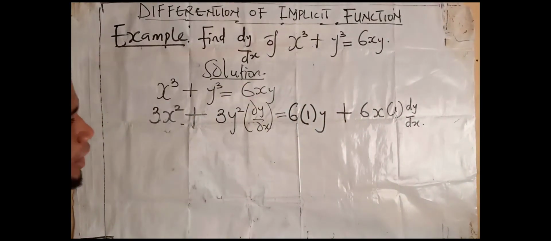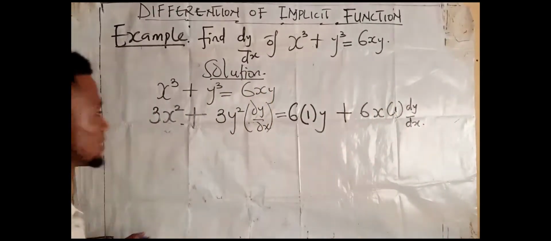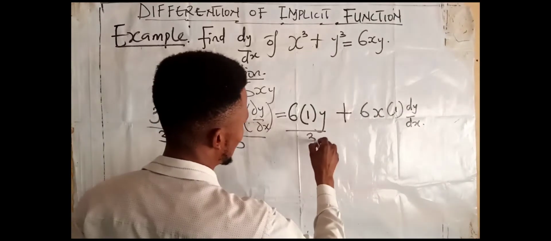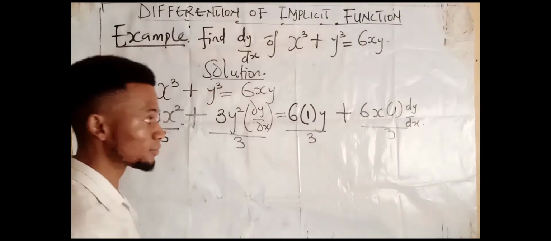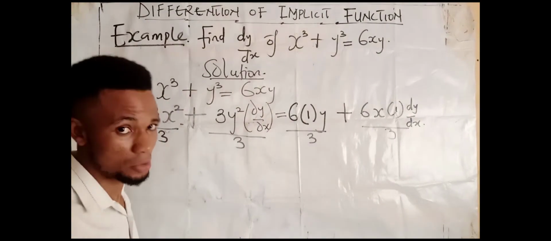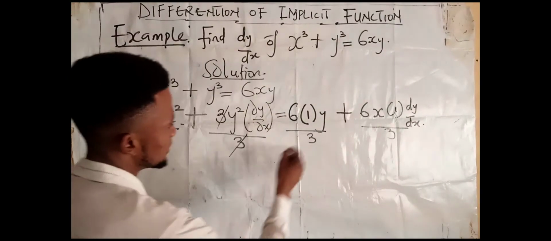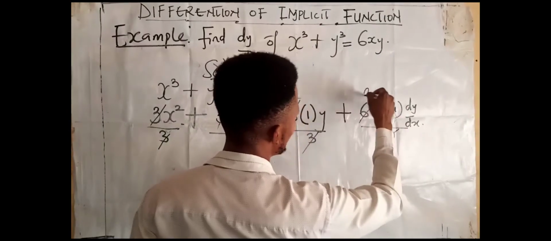So from here, if you look at this, you discover that 3 can go into everything. So I can reduce each of these by 3, though it is not compulsory. If you like, you can work it without reduction. You get your answer. So this will cancel this to give you 2, and this will cancel this to give you 2.